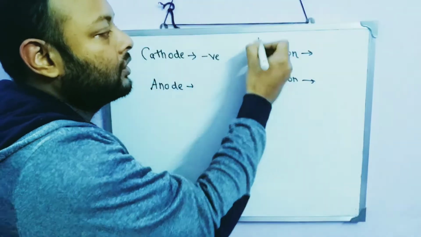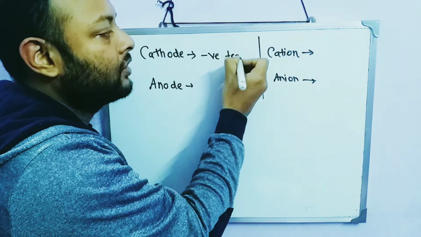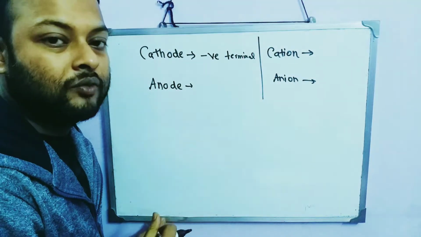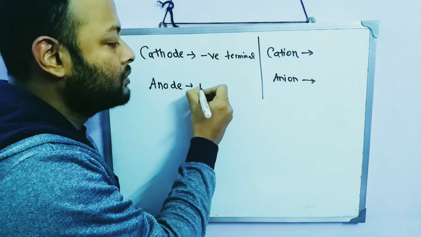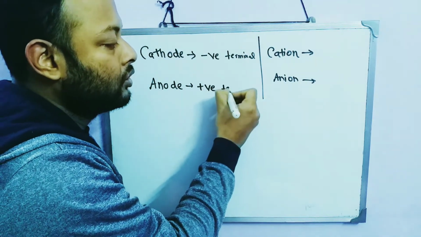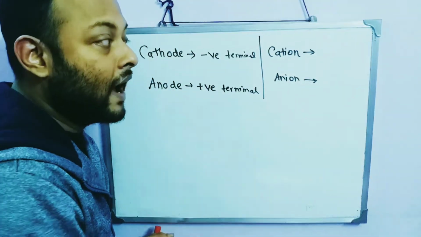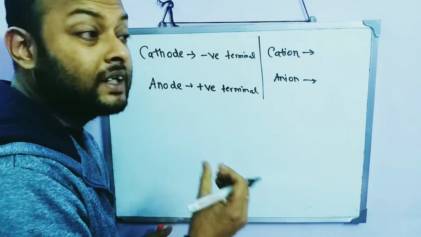Cathode is the negative terminal. If cathode is the negative terminal, then anode becomes the positive terminal, right?